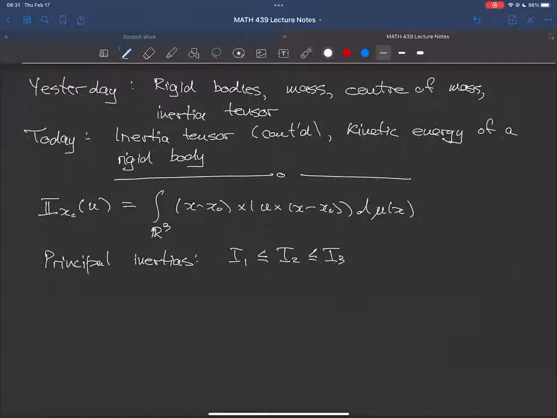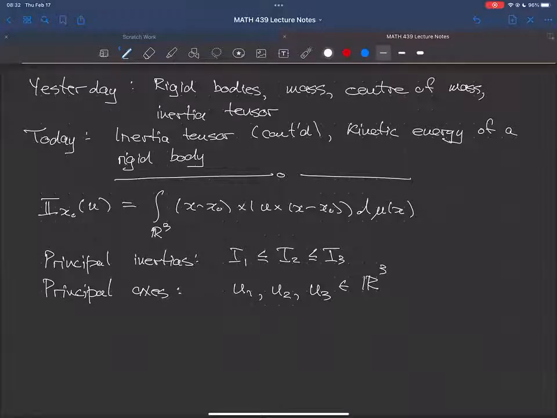All right, and then we had principal axes, which were eigenvectors for the inertia tensor. And because, again, the inertia tensor is symmetric, we know that there's an orthonormal basis of eigenvectors, and we just call any such orthonormal basis principal axes.